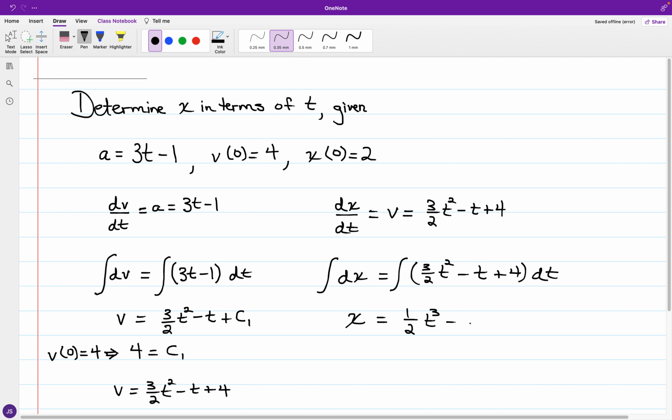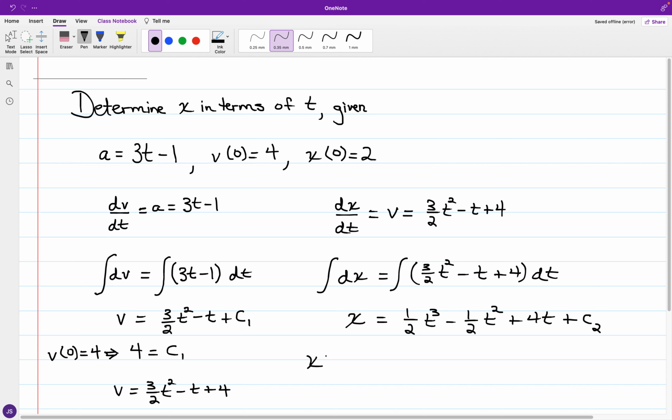And for minus t, the antiderivative will become minus 1/2 of t squared. And we have plus 4t, followed by the second constant. And solving for c sub 2.